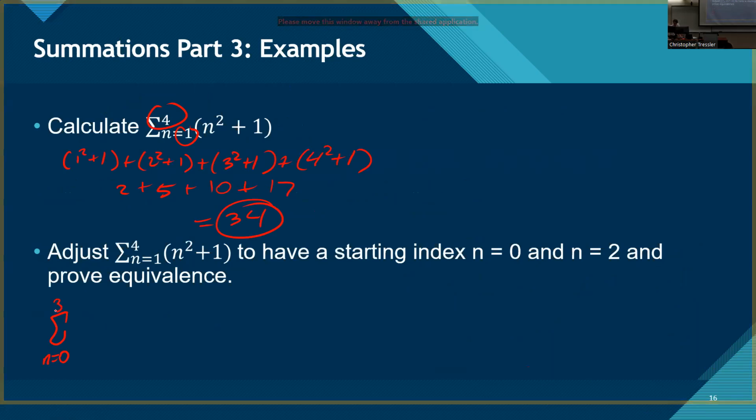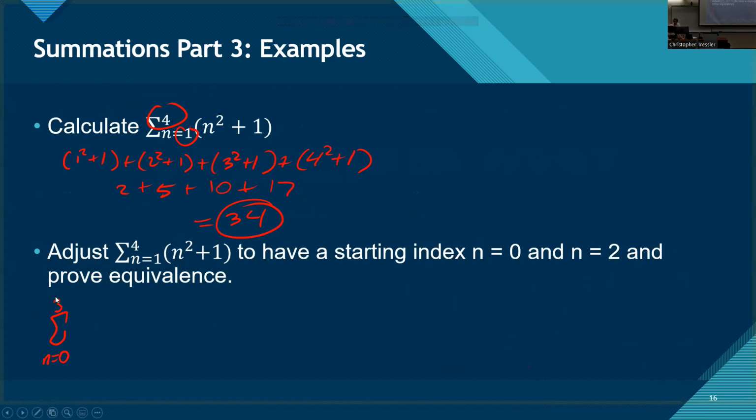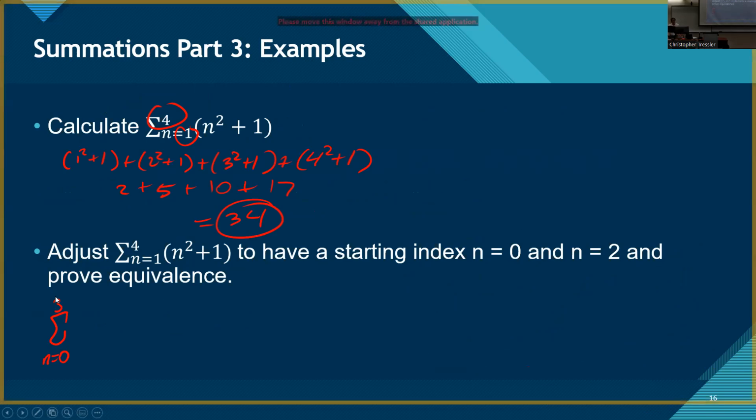We're going to say 3 now because it's 4 minus 1. Now notice that when we do 0 to 3, how many total values do we have? 0, 1, 2, 3, 4, right? And when we do 1 to 4, how many total values do we have? 1, 2, 3, 4. Notice your total number of values stays the same no matter what. You're just shifting them.